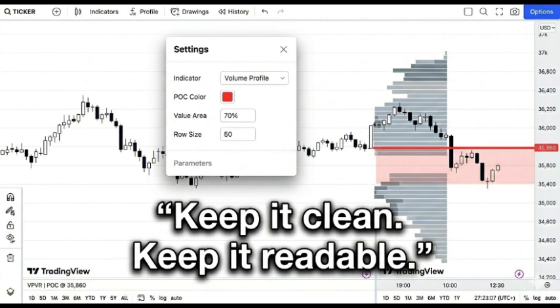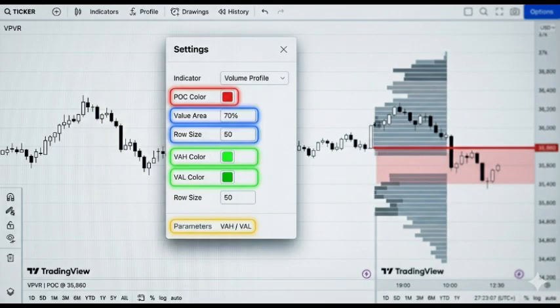If you are teaching this on YouTube, the chart should look educational, not crowded. The viewer should immediately see the POC, VAH, VAL, and the reaction zones. When you show the settings, explain them simply.